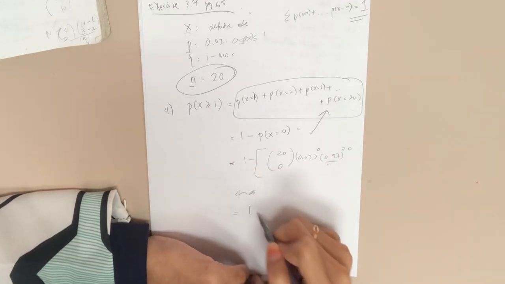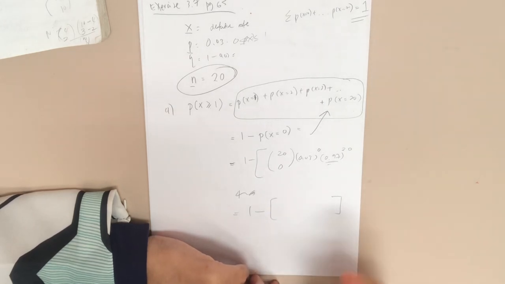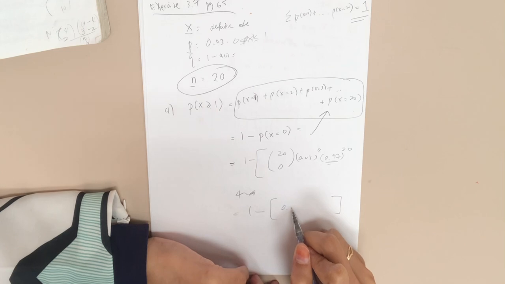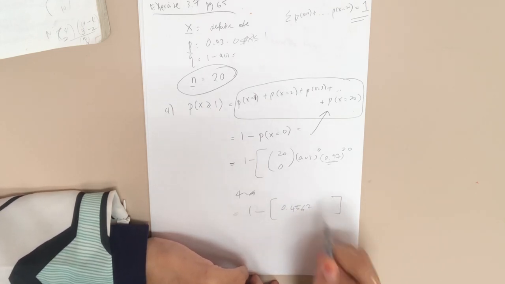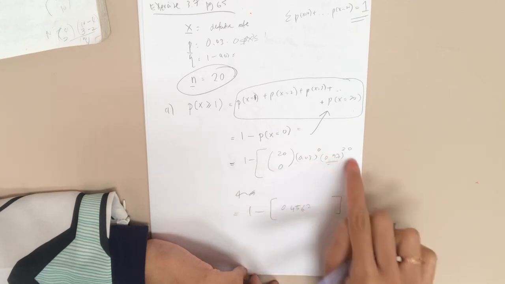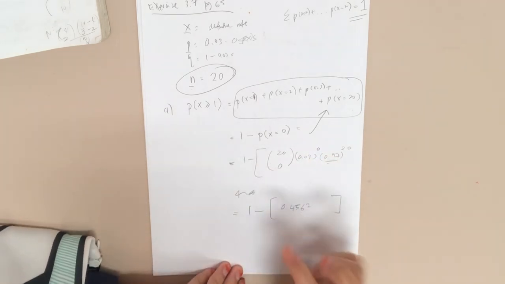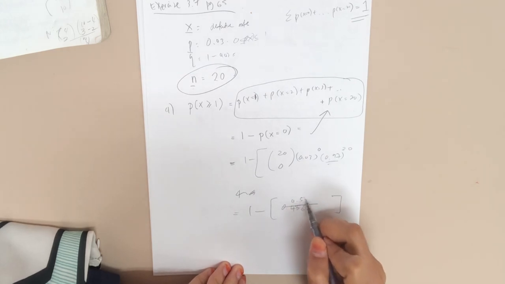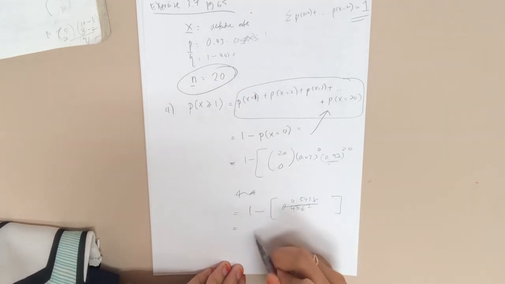You may do it step by step, but because I want to be quick, I write the answer directly. So this one will be 0.4562. So 1 minus this, the answer is 0.5438. So the final answer is 0.5438.